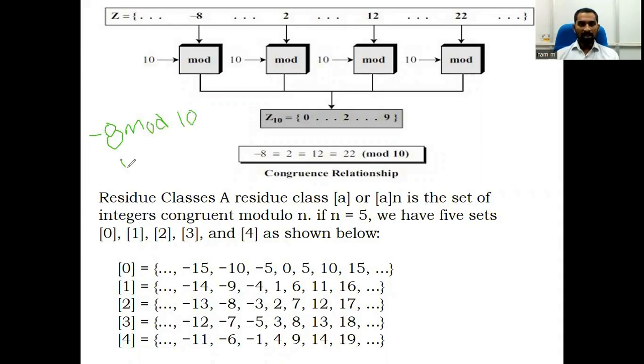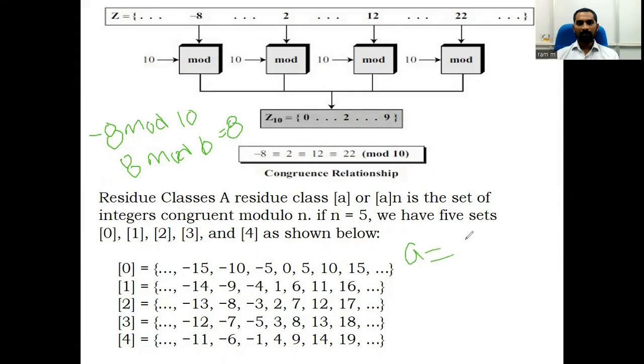For a positive value, for example 8 mod 10, I can directly take it: 8 mod 10, I can get 8. Now, if I take -8 mod 10, what is our general equation?